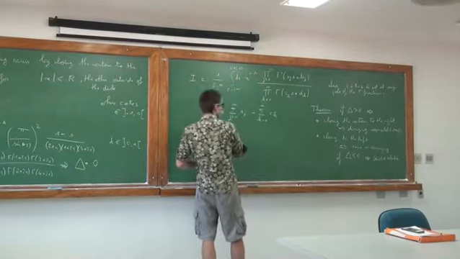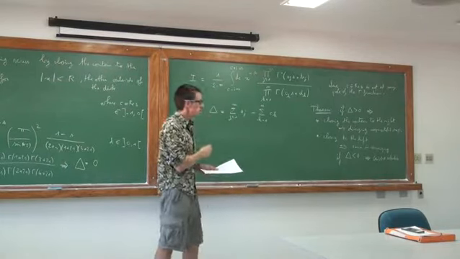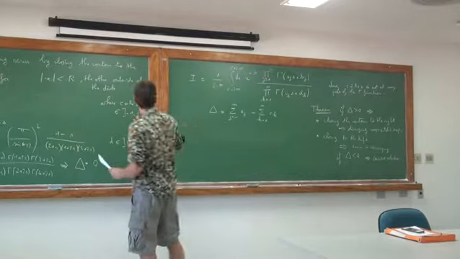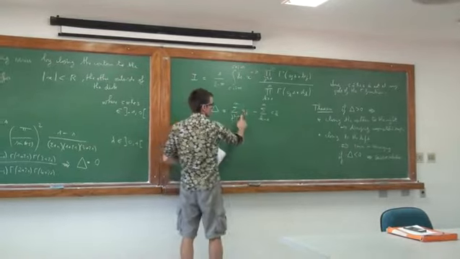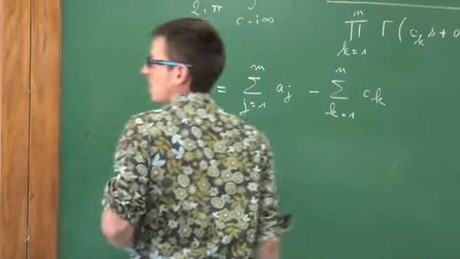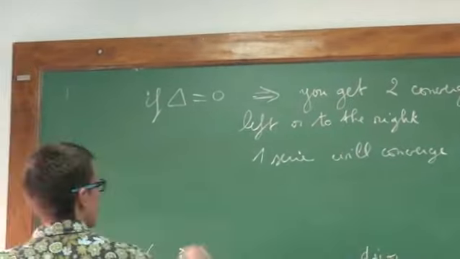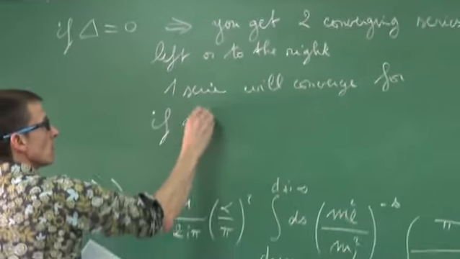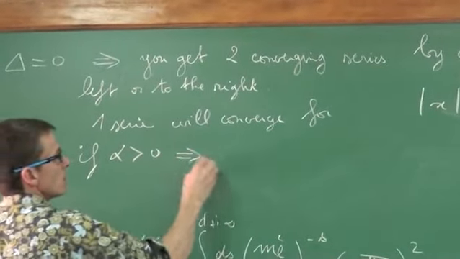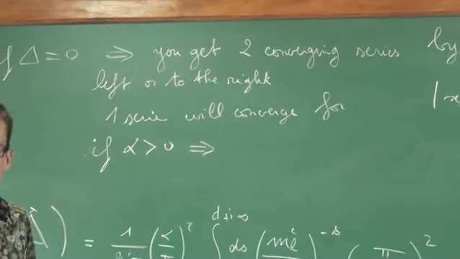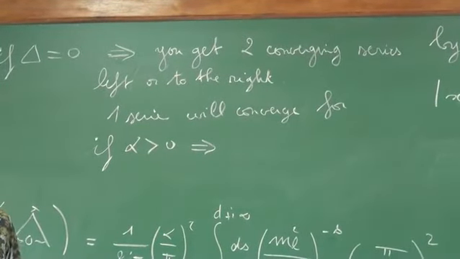Yes, I forgot to say that if alpha is positive, here, alpha was the same but with the absolute values. If alpha is positive, then in the case where delta equal to 0, the series are analytic continuation of one another.